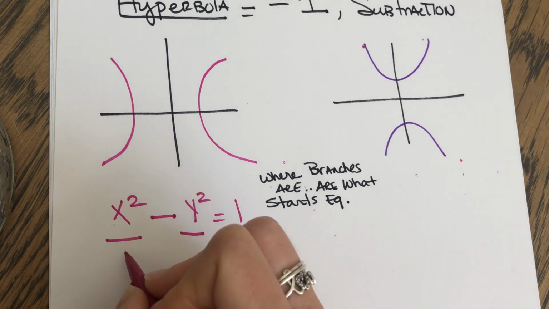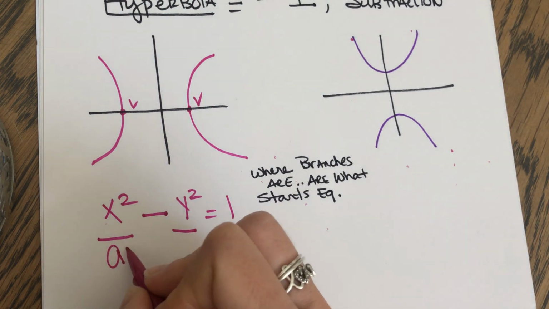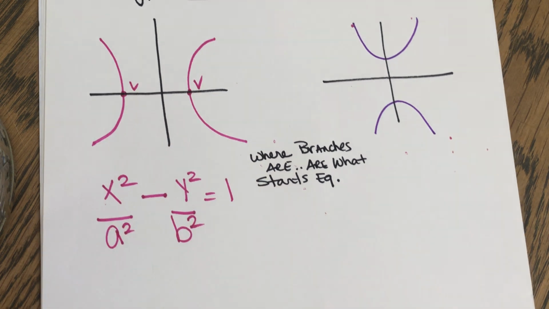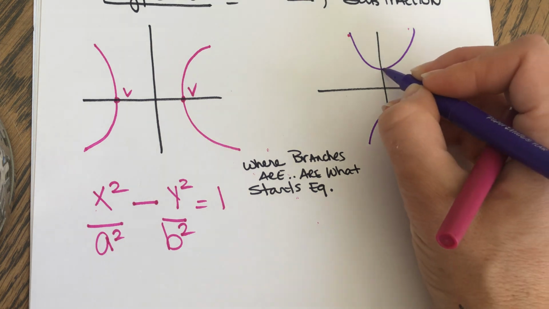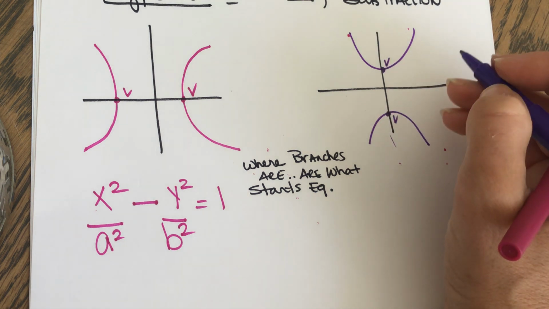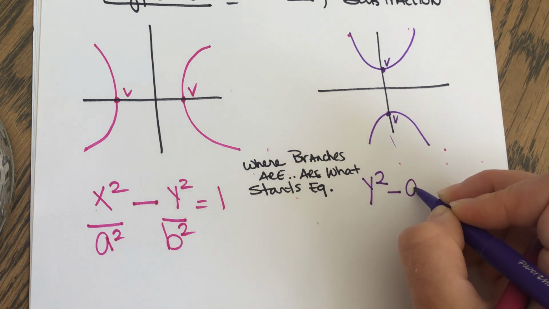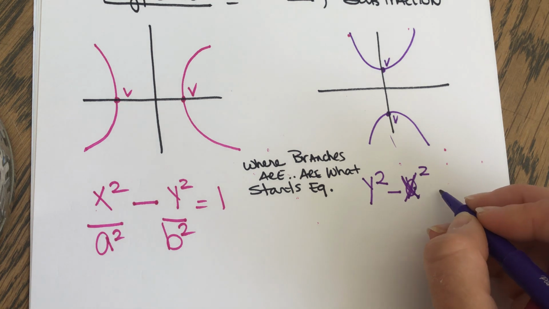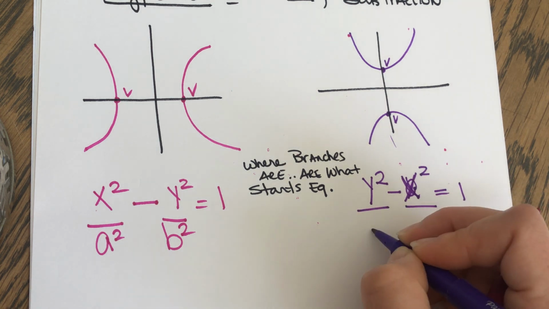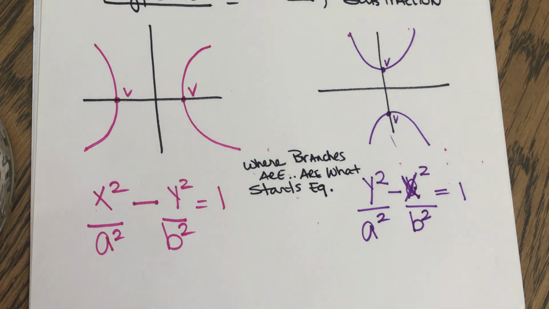Underneath it, your a squared and b squared are not changing. For this one, the branches are on the y, so we start with y squared minus x squared equals 1, and again, we don't change where your a squared and your b squared go.